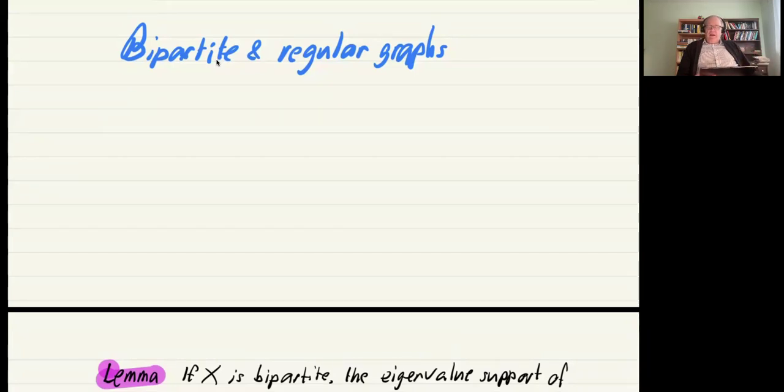So instead of getting eigenvalues of the form half (a plus b root delta), we just get integer multiples of square root of delta. So the eigenvalue support has a simple structure. Basically, the square of any eigenvalue in the eigenvalue support is an integer. Okay, that's a little weaker than what we prove.